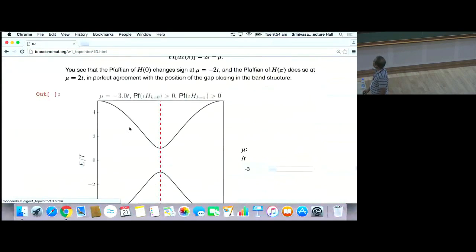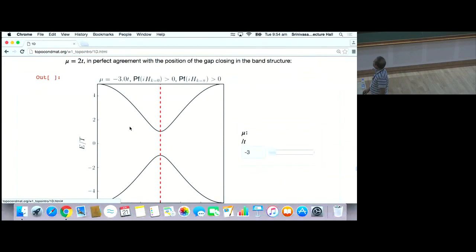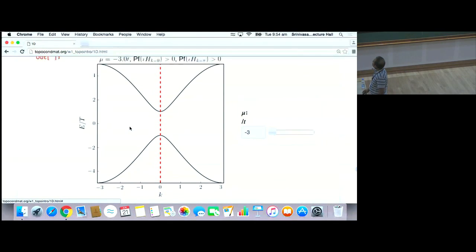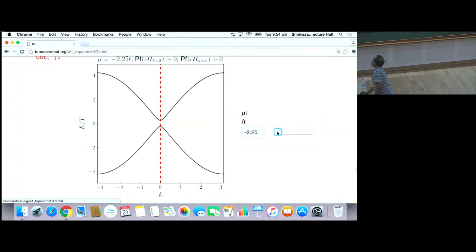So you can look through it on your own. Now, here's a spectrum, and let's see how this topological invariant changes as we vary mu. As we vary mu, both Pfaffians are less than 0 still.